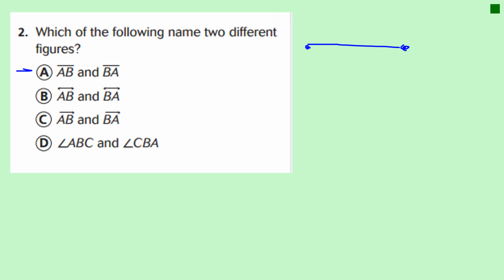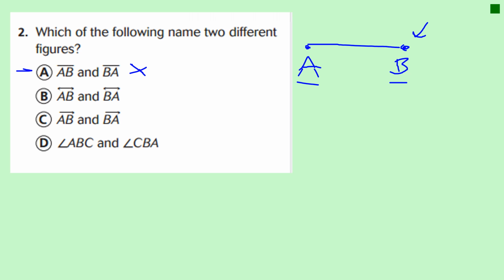Okay, there's line segment AB. Can we call that line segment BA also? Absolutely. So AB and BA, that can't be the answer because that's naming exactly the same thing. They're just reversing the order of the letters.